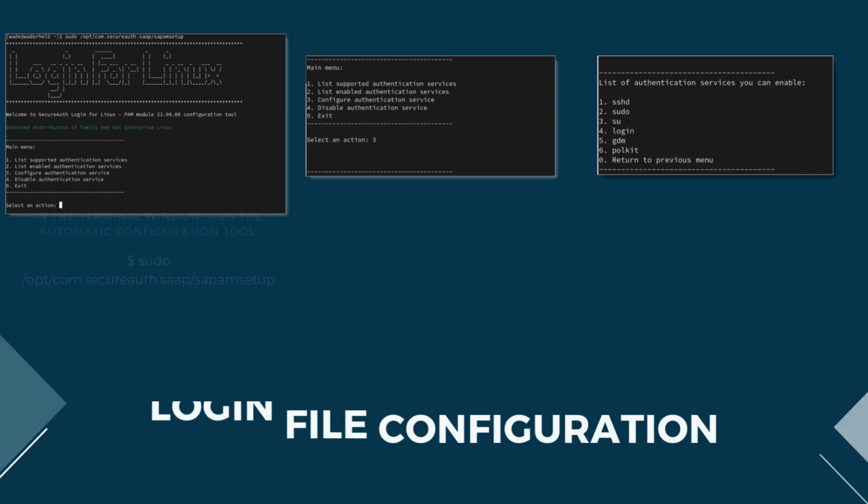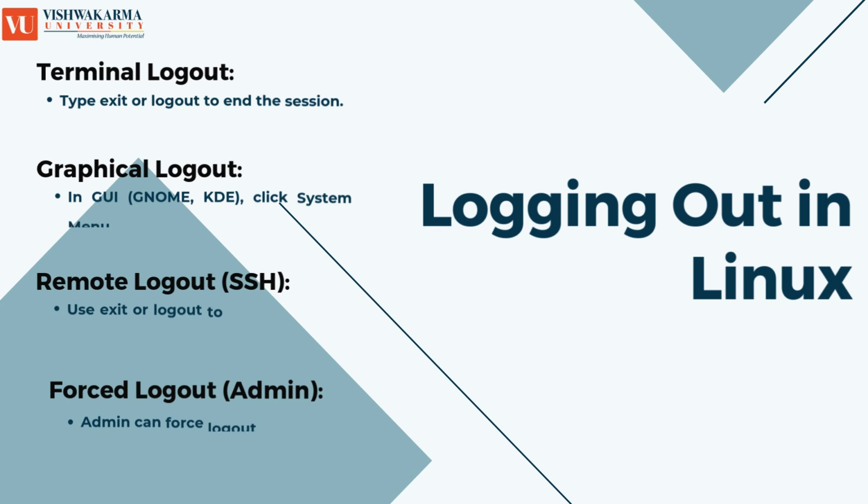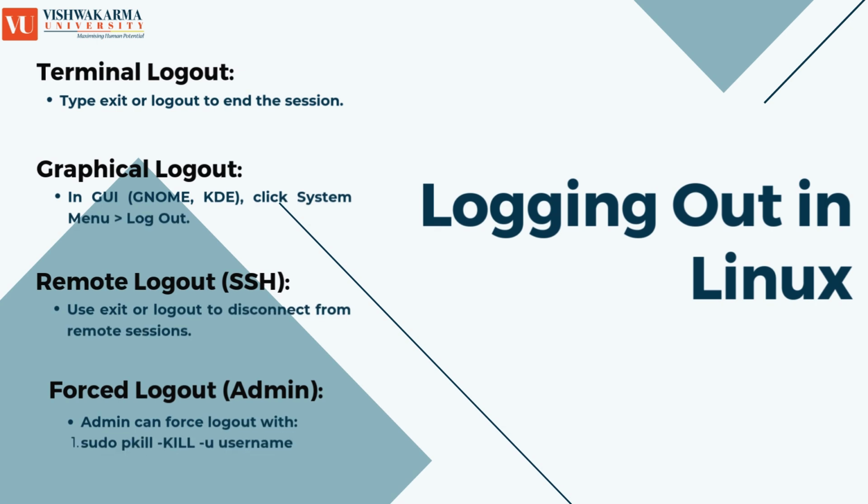Moving to the next slide, logging out in Linux. There are four types or four methods, you can say. Terminal logout: type exit or logout to end the session. Second, graphical logout: in GUI, GNOME, KDE, click the system menu, logout. Third is remote logout SSH.